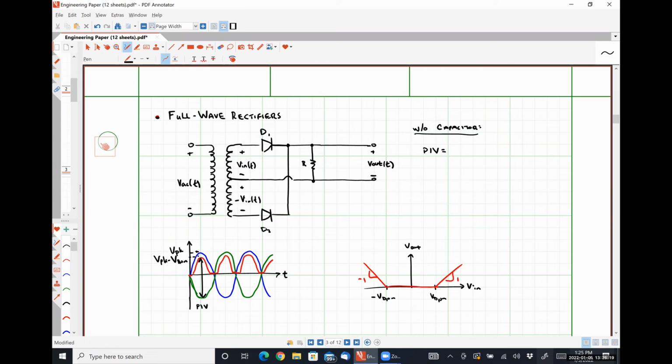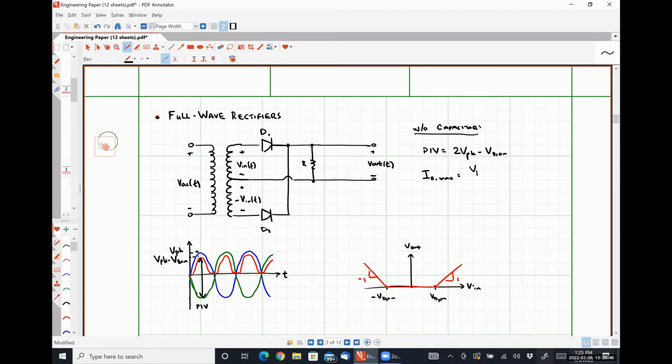Again, our maximum current is just the maximum value of our output voltage divided by our resistor. It's much easier when the capacitor isn't involved.